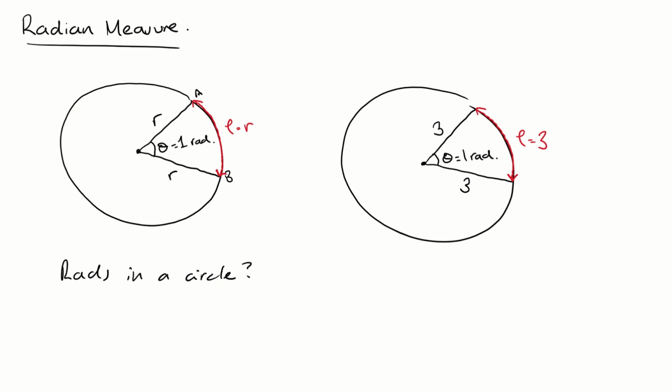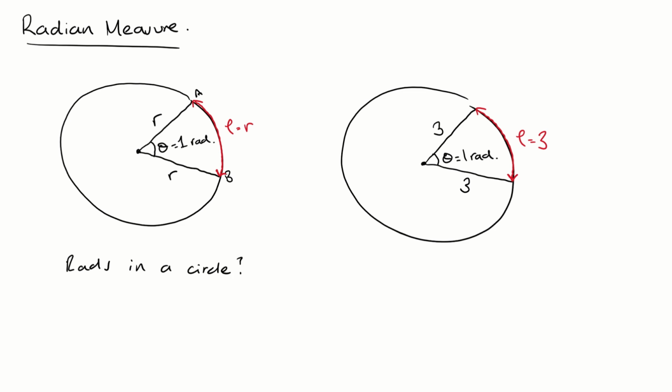Well, we know that 1 radian, as we've just seen, corresponds to taking up r units of the arc length. So the arc length here is r units long. Now, how many of those r units can we get into the circle?